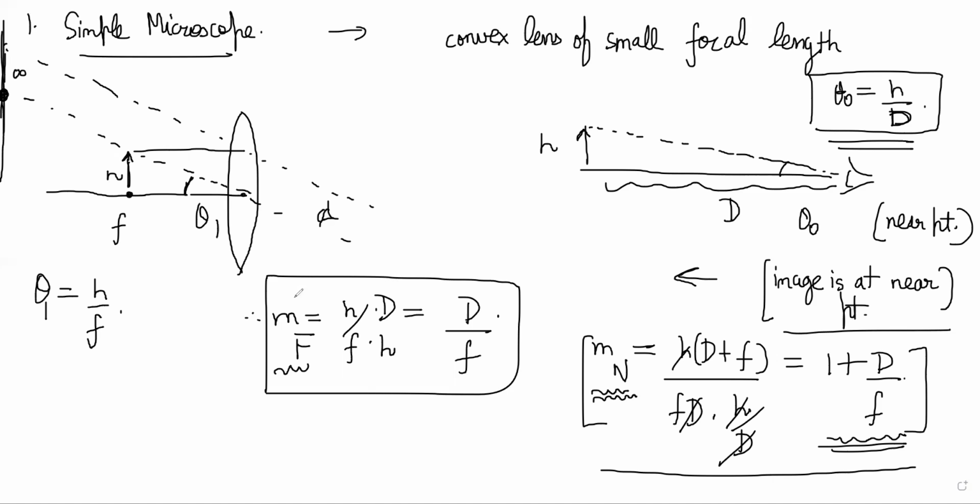So notice that the magnification when it is at far point is lesser than the magnification when you see it at the near point. Magnification here is 1 plus d by f. So that is your simple microscope, which you can operate in two ways, so that you can see it at far point and near point, and you get two different types of magnifications. Now compound microscope.